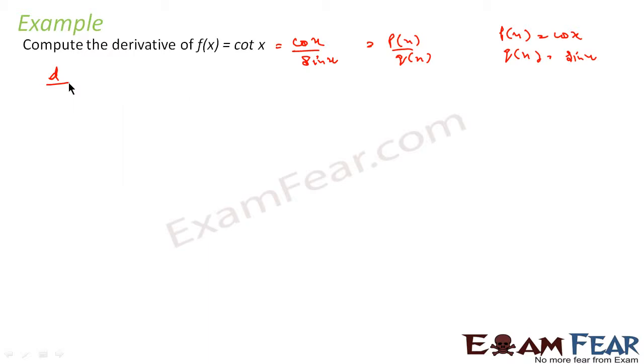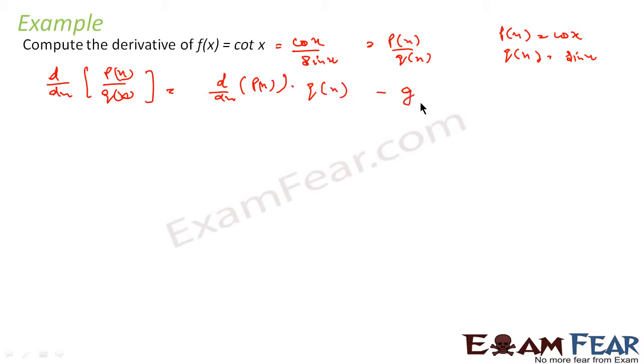So if I am saying d by dx of p x by q x, it's nothing but d by dx of p x into q x minus p x into d by dx of q x, and the whole thing divided by q x squared, right?